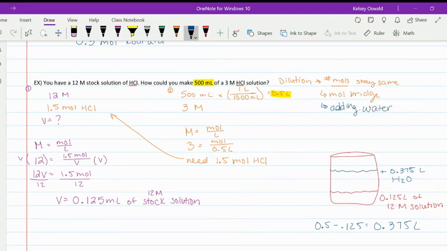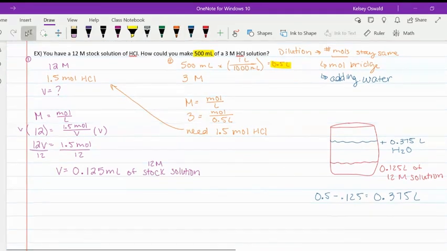So when we took our 0.125 liters of 12 molar solution, that was still 12 molar. And we need to add water to dilute it or weaken it to our desired concentration. Since we wanted a total volume of 500 milliliters, if we only added 125 milliliters of that 12 molar solution, that told us we needed 375 milliliters of water.